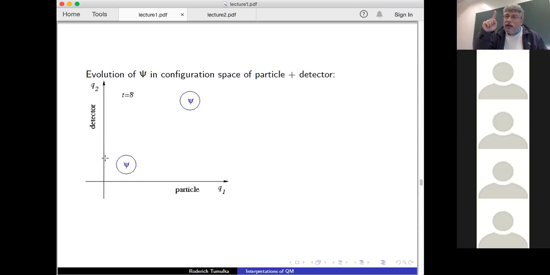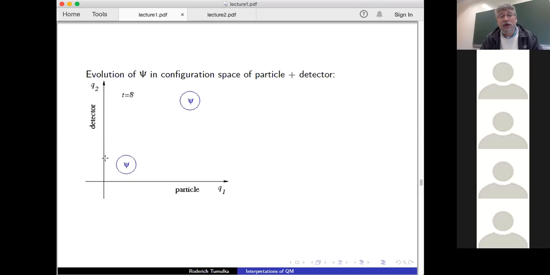Now, whenever you have such a situation that two regions in configuration space are macroscopically different, then it becomes very difficult to make two wave packets that are localized in these regions overlap again, because then you would have to bring back 10 to the 23 particles to exactly the same configuration again.